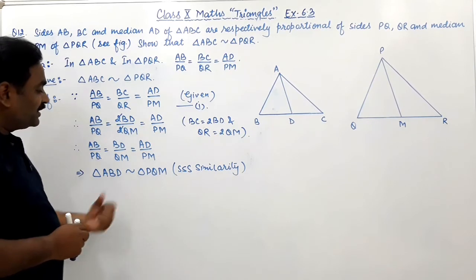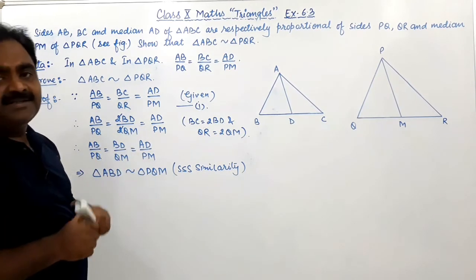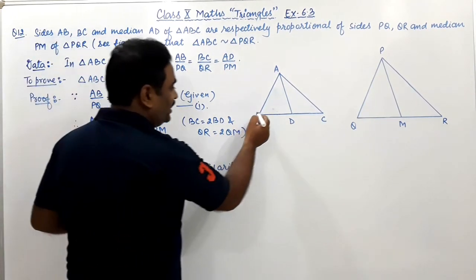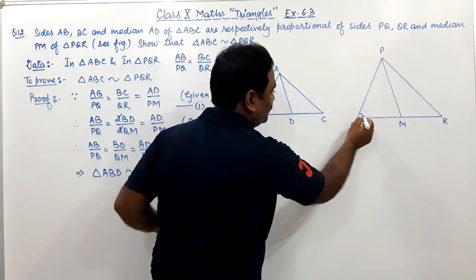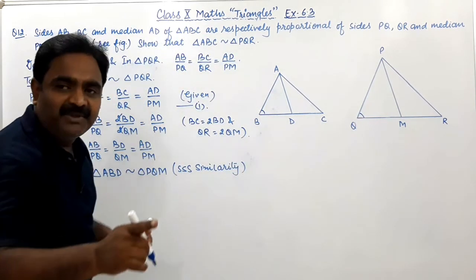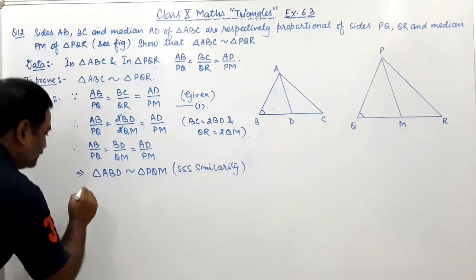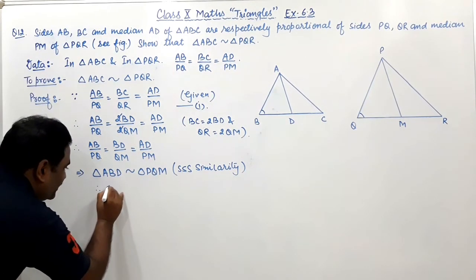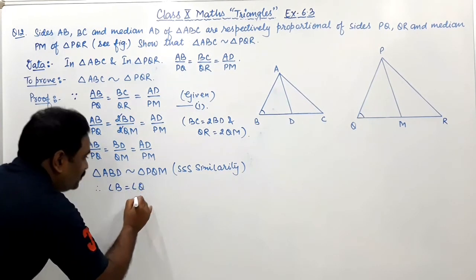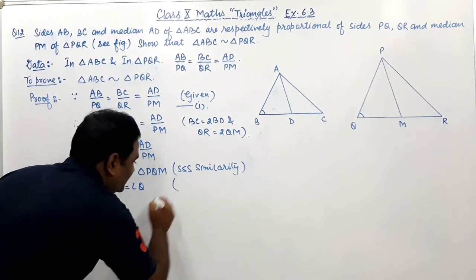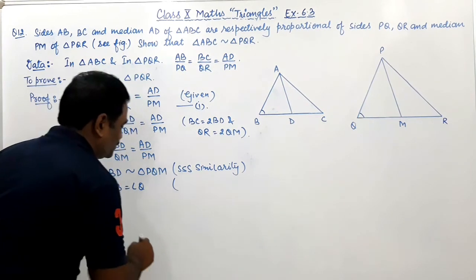Now as these two triangles are similar, their corresponding angles are equal. Therefore, angle B will be equal to angle Q. Is it? Angle B is equal to angle Q. Why? These are corresponding angles of similar triangles.